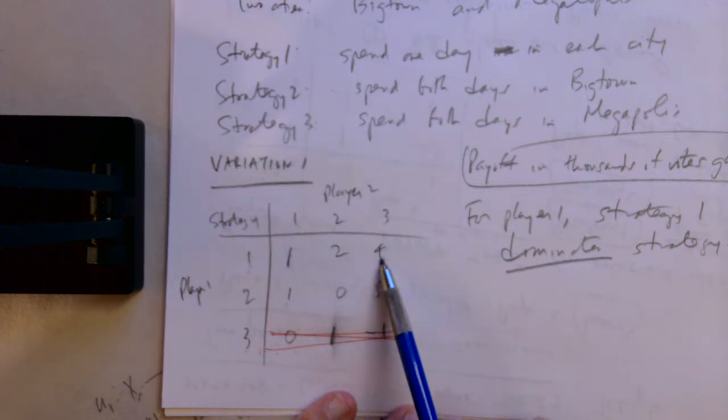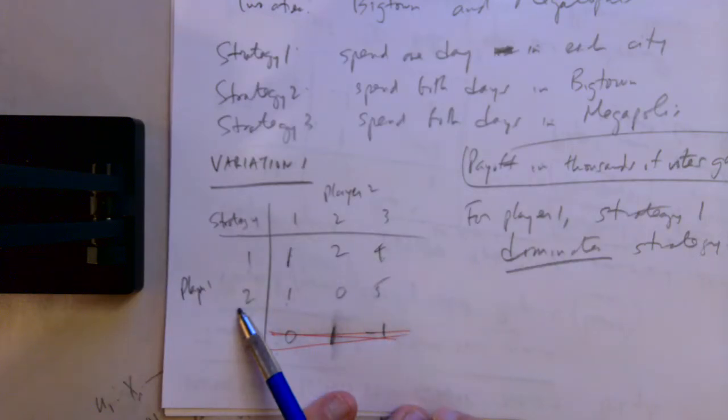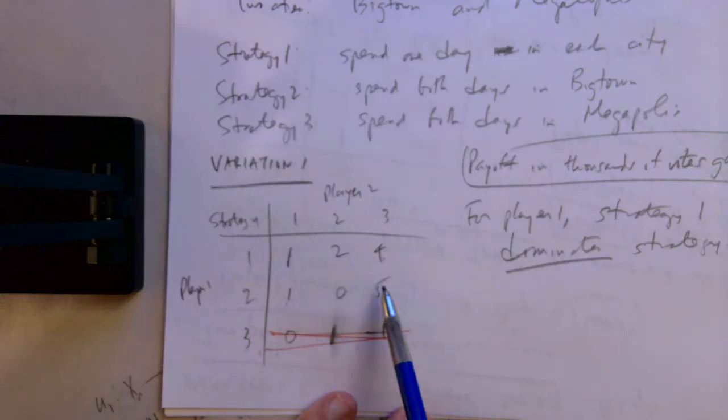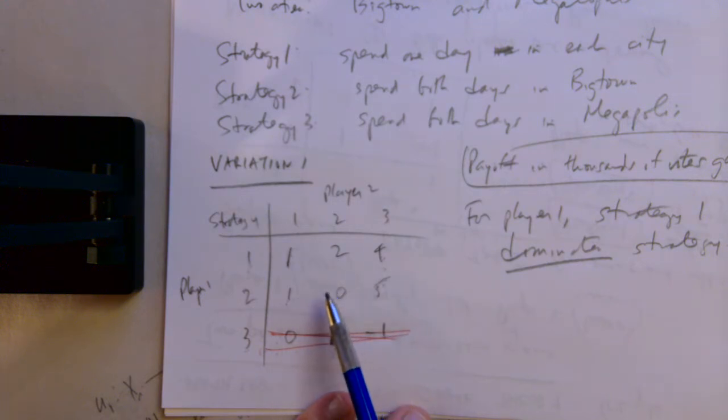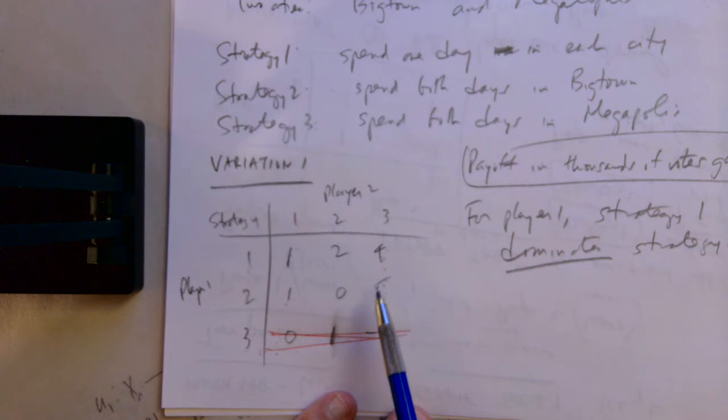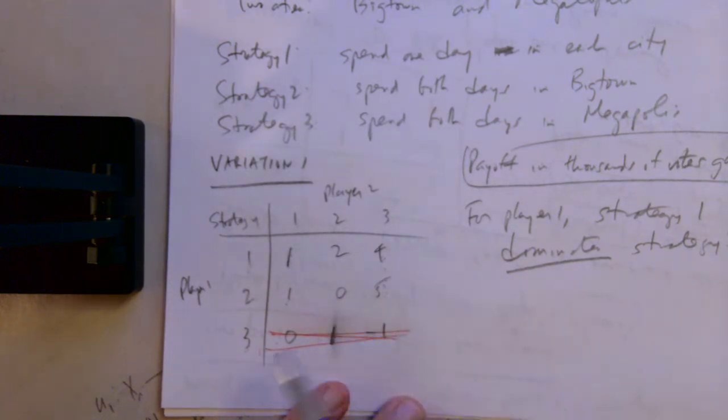If he picks strategy 3, he loses 4,000. If player 1 picks strategy 2, player 2 either loses 1,000 or 5,000. In both cases, he does much worse choosing strategy 3. He should never choose strategy 3. He can always do better choosing strategies 1 or 2. Never choose strategy 3.